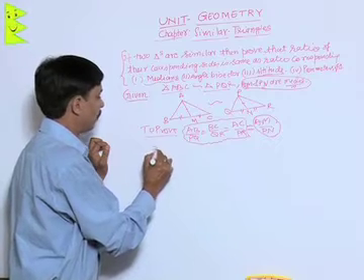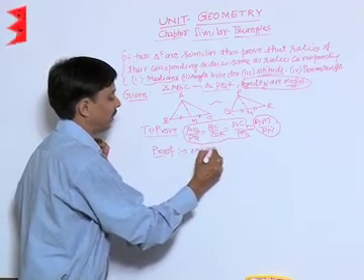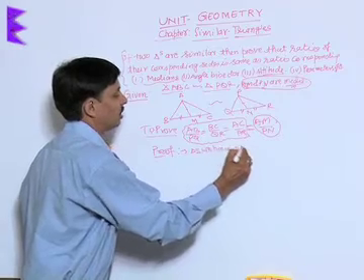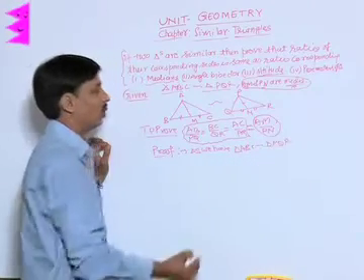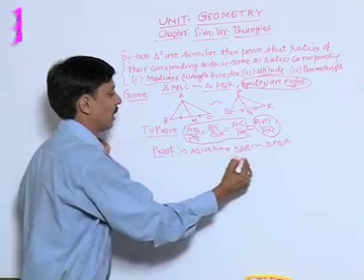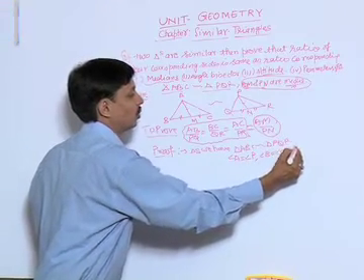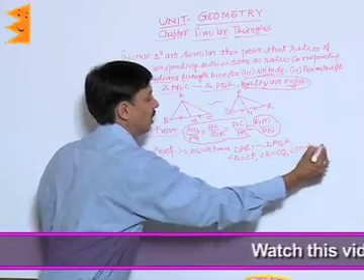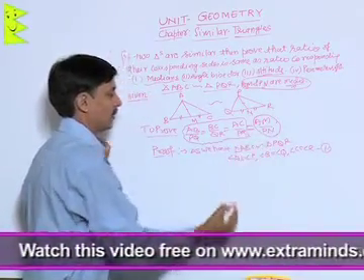Now if I take the proof, it is again very simple. As triangles ABC and PQR are similar, we can say angle A is equal to angle P, angle B is equal to angle Q, angle C is equal to angle R. This is one conclusion because the triangles are given similar.